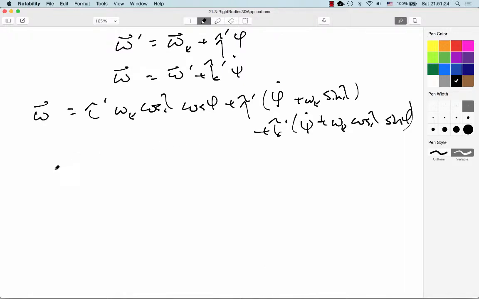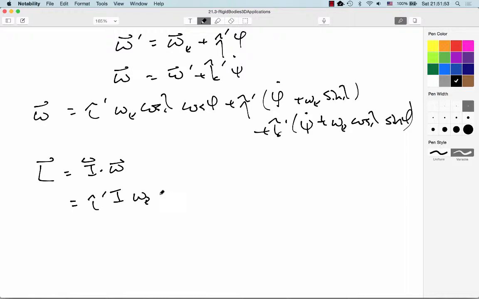All right. So we can go ahead and get the angular momentum. So it'll be equal to I dot omega. So in analogy to what we've done before, that is equal to I prime times I omega E, because again we're picking our rotational axis to be our principal axes.